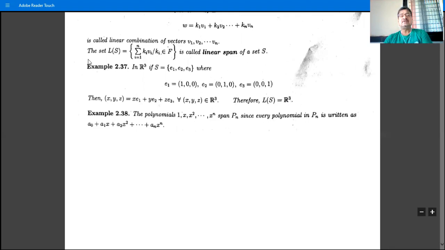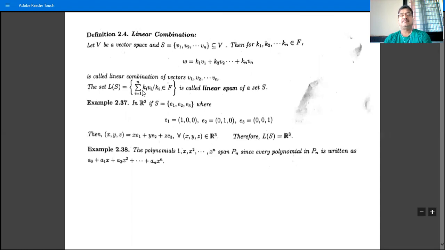So what is LS? LS is the set of all linear combinations of V1, V2, up to Vn, where S is {V1, V2, ..., Vn}. LS is the set of all possible linear combinations of them. So what are the linear combinations of E1, E2, E3?